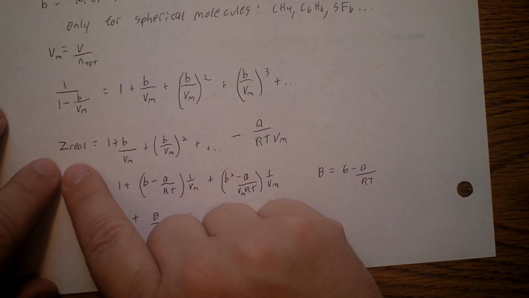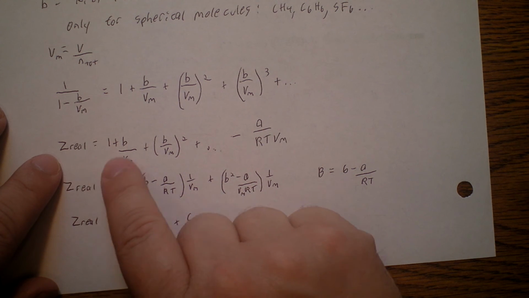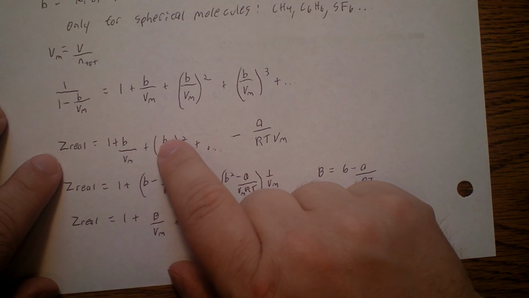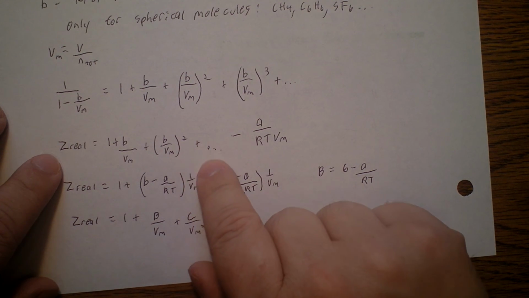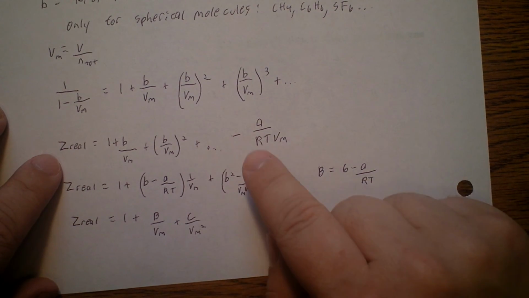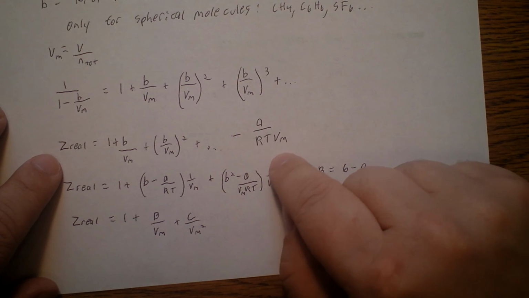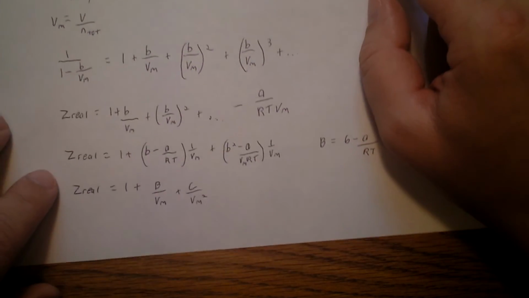This is an expansion series. So the compressibility of a real gas is equal to 1 plus b over molar volume plus b over molar volume squared plus etc., and then minus a over RT molar volume.